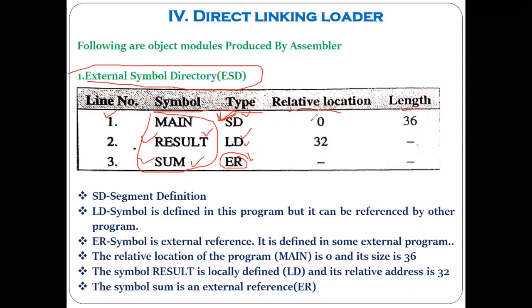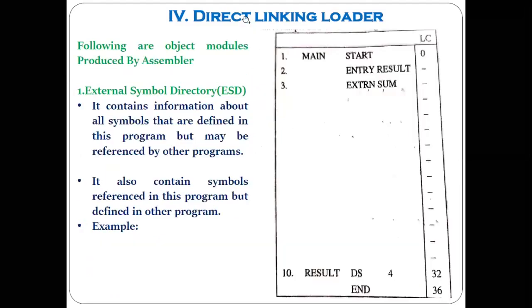Now the relative locations. The location counter for main is 0. It is starting from 0 and ending at 36.